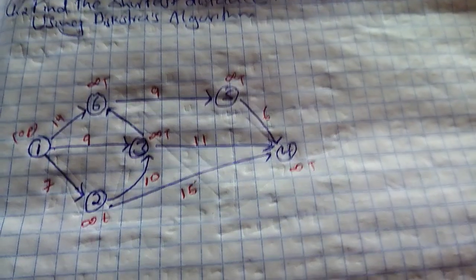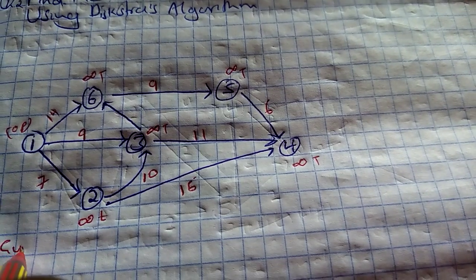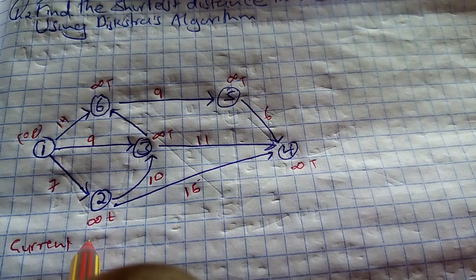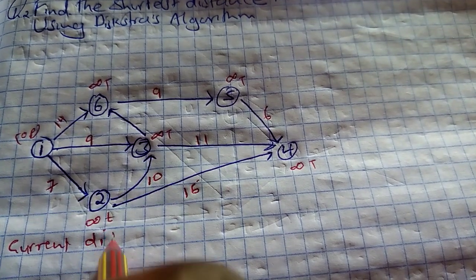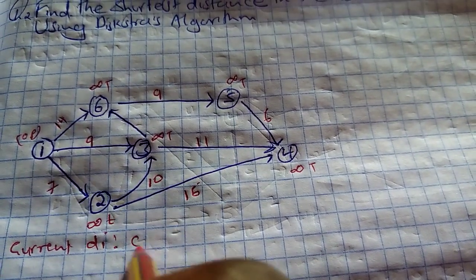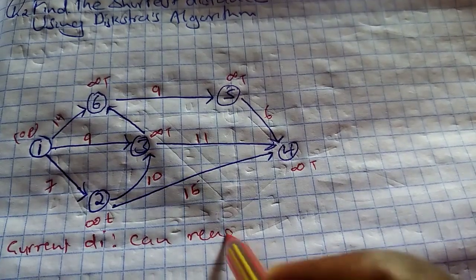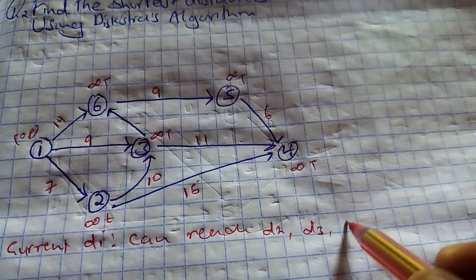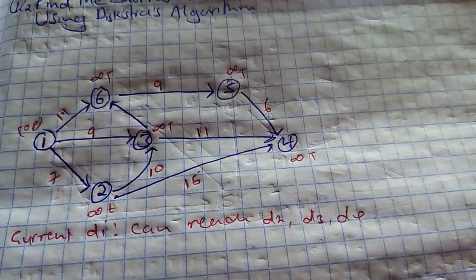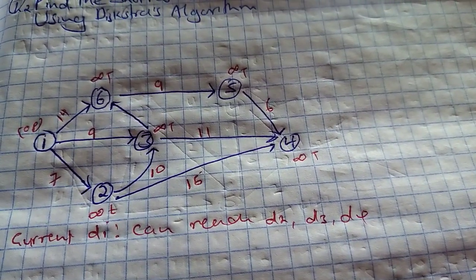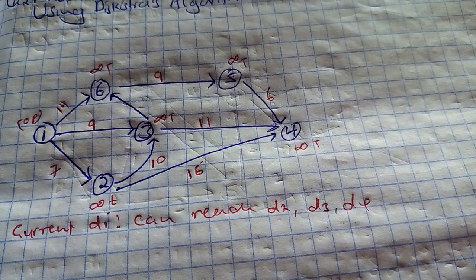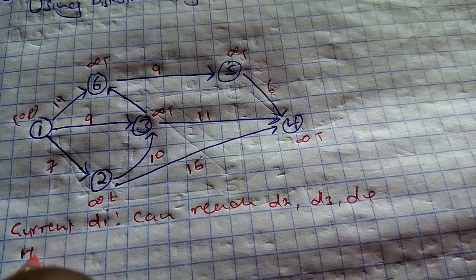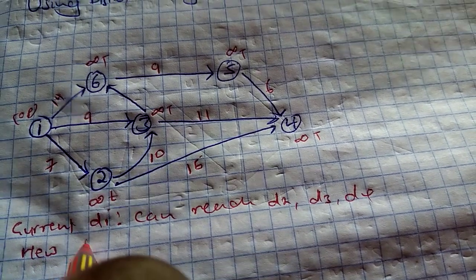So we start by saying now current is D1, and we can now reach D2, D3, and D4. So we find new D2.